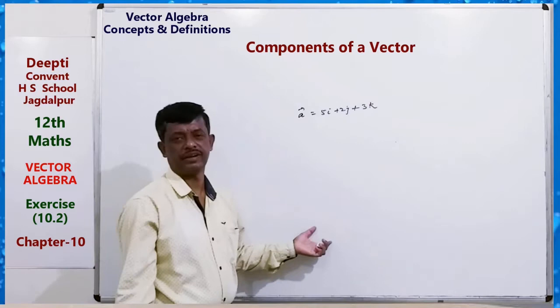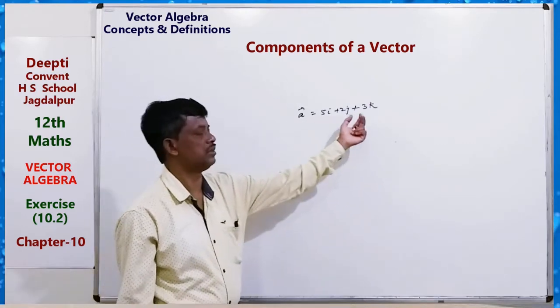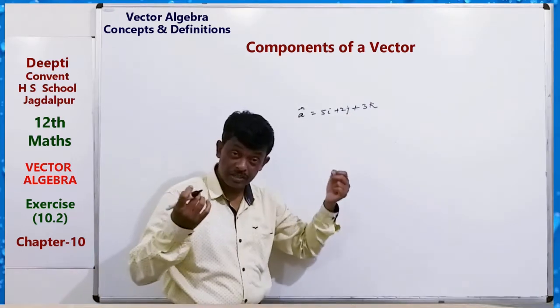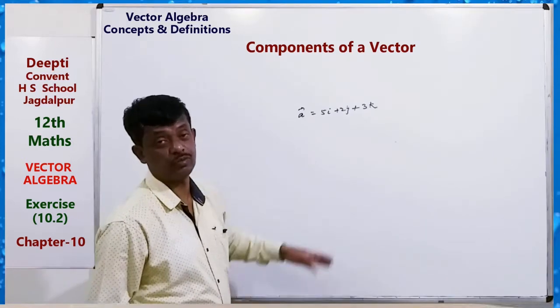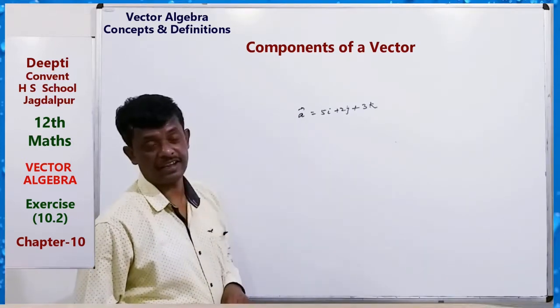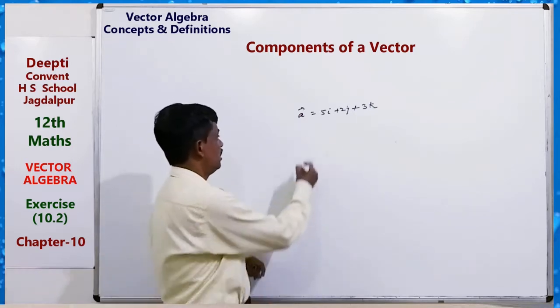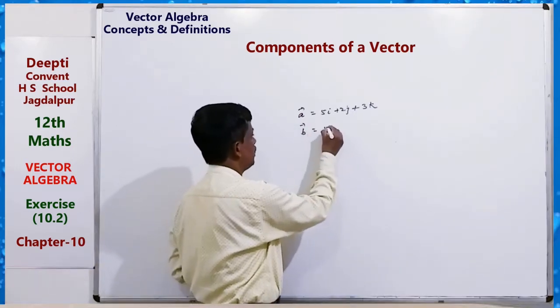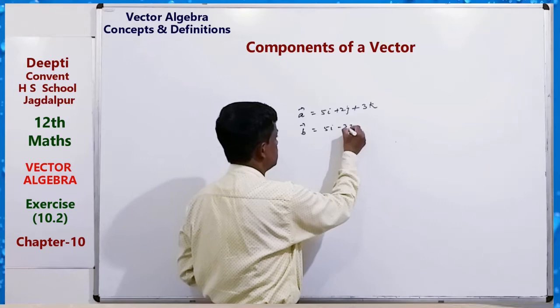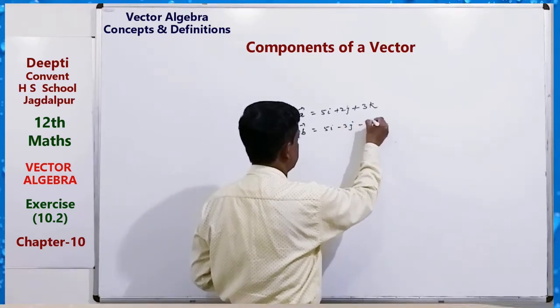This is the given vector. The scalar components are 5, 2, 3. 5, 2, 3 are also direction ratios of the point whose position vector is vector a. And another vector, 5i minus 3j minus k. This is another vector.